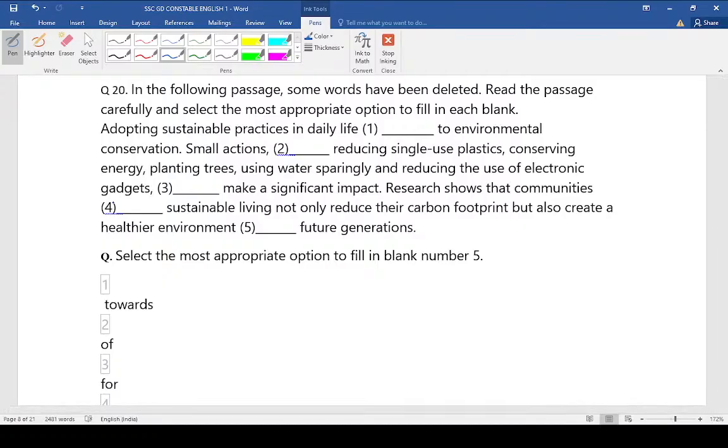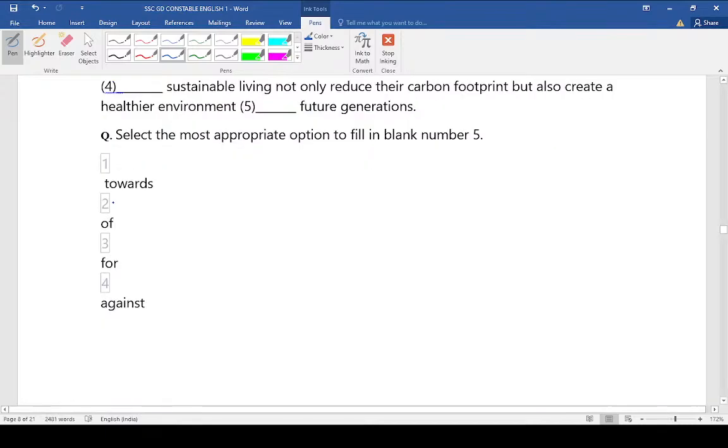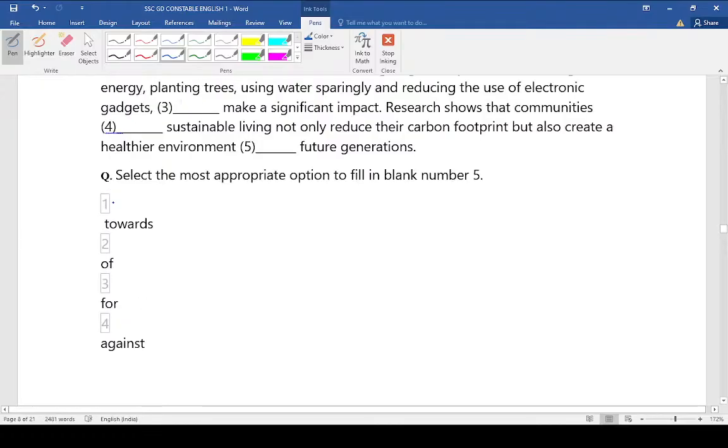Create a healthier environment dash future generations. Select the most appropriate word: towards, of, for, against. Environment for future generations.